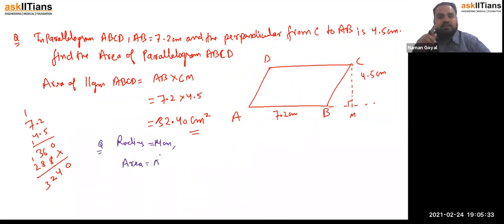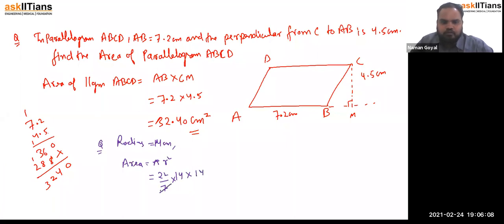Now you can take pi as 22 by 7, because as I told you, if the radius is a multiple of 7, then we can take pi as 22 by 7. So it will be 22 by 7 into 14 into 14.